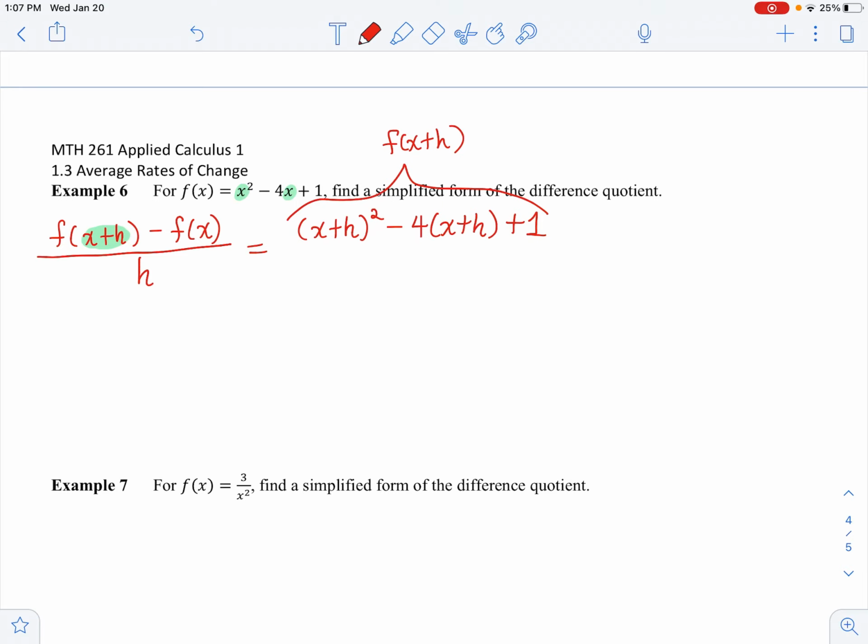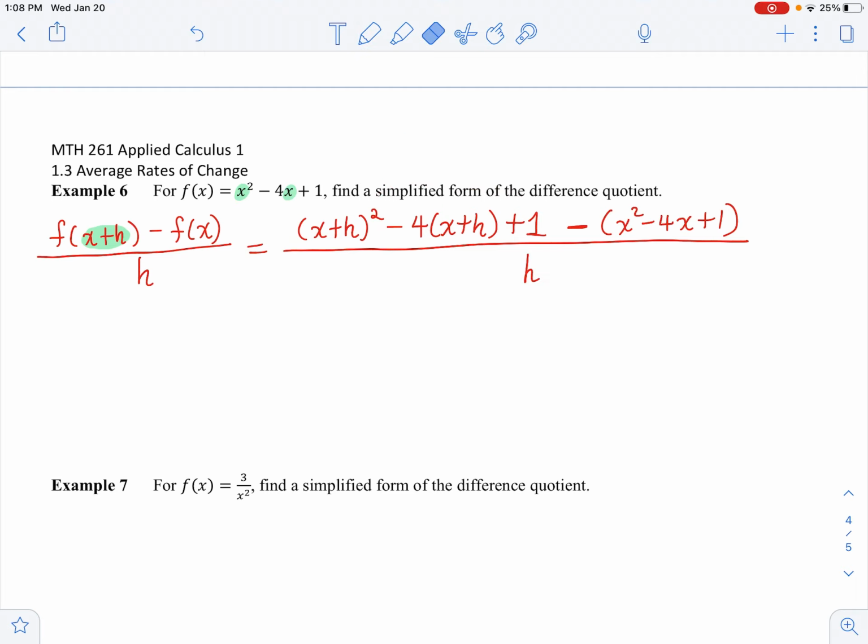Let me keep going. Minus f of x, right? I need to do minus f of x. And f of x is x squared minus 4x plus 1, all divided by h. Guys, I am so glad that you saw this in Math 161.